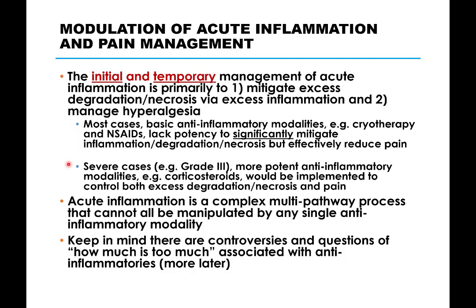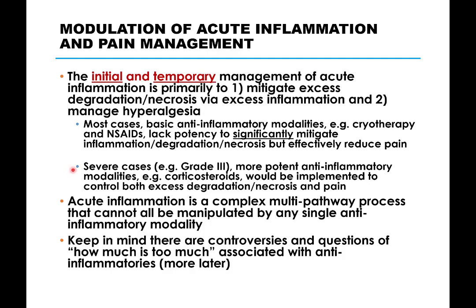Before we move on, however, I must note that with severe grade 3 strains where there is an avulsion and therefore very high amounts of inflammation and pain, it is common for a physician to prescribe a steroid-based anti-inflammatory drug, namely corticosteroids. These steroids have a very potent anti-inflammatory effect, which in turn would effectively reduce pain.